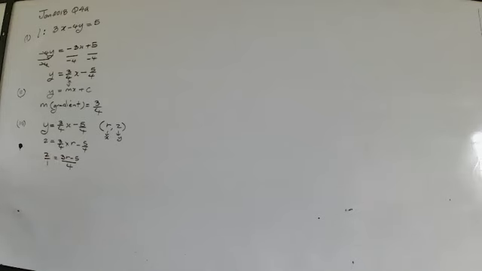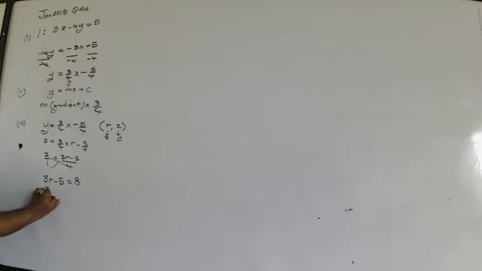If I have one fraction equal to one fraction, what do I do? So this is 3r minus 5 is equal to 2 times 4. Negative 5 goes over and becomes positive.